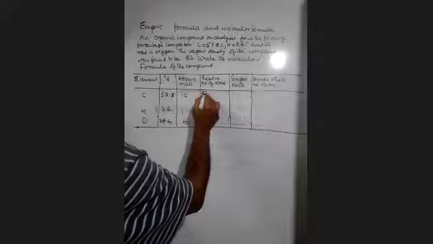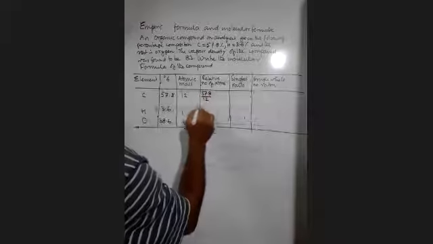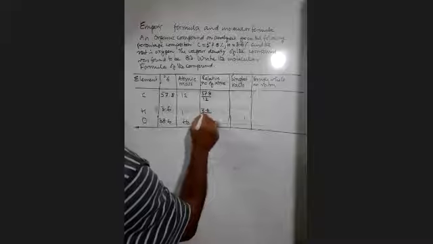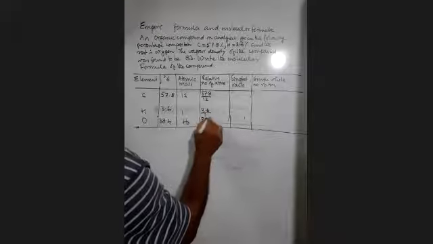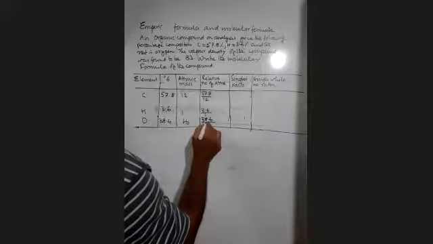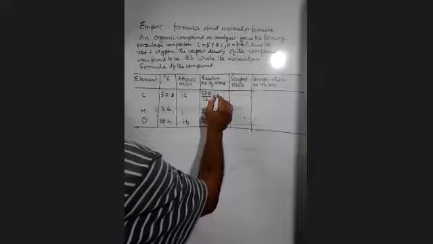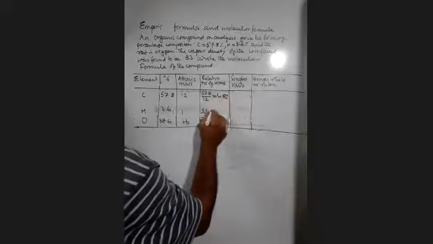So it is 57.8 divided by 12, 3.6 divided by 1, and 38.6 divided by 16. This first one is equal to how much? 4.81, so 4.82. Girls are more careful.